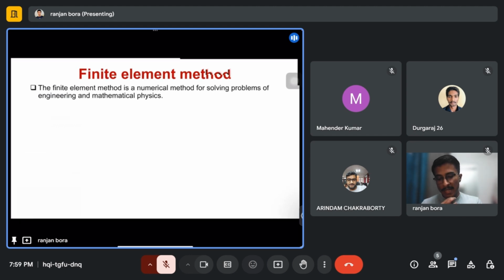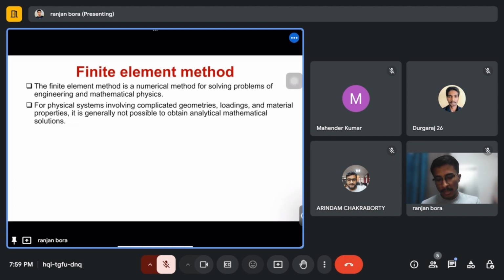So the finite element method is a numerical method for solving problems in engineering and mathematical physics. Because physical systems involve complicated geometries, loadings, and material properties, it is not possible to obtain analytical mathematical solutions.